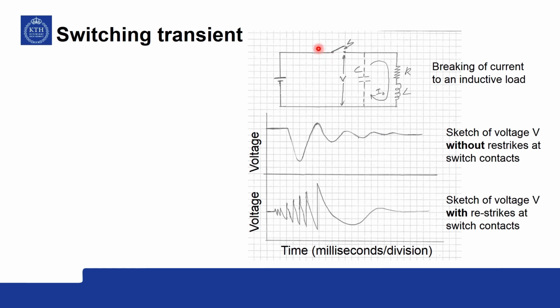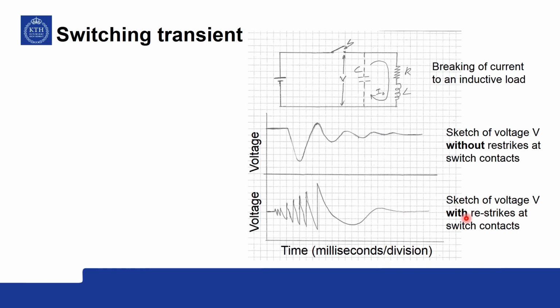The voltage across this may be time varying because of this resonance phenomenon over here, and without arcing you can have a damped sinusoidal waveform across the switch. But with arcing you can have several restrikes, and finally it comes to a steady state.